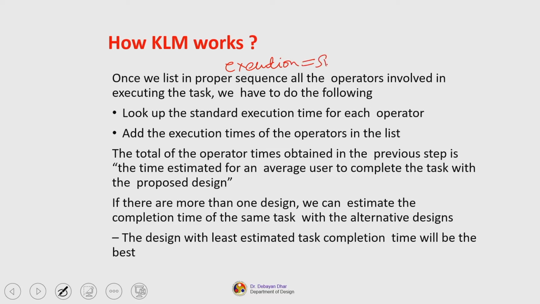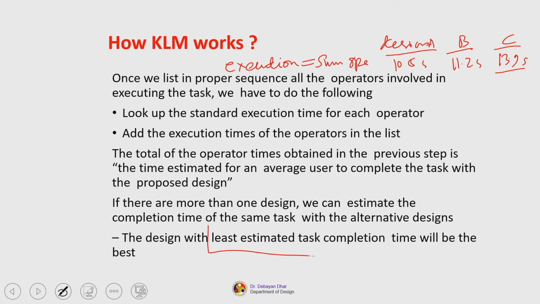If you sum up the operators, you will have, say, 10.56 for design A, 11.6 for design B, and 13.9 seconds for C. Now you have a quantitative value that tells you the execution time for design A, design B and design C. The design with the least estimated task completion time is the goal, and will be the best.